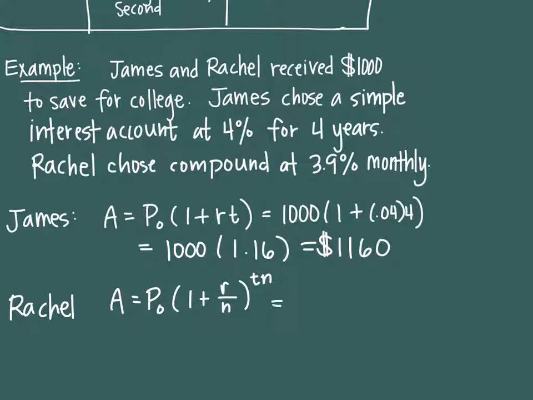And so we'll put 1,000 in for Rachel. 1 plus, her 0.04 is going to be divided, no, excuse me, her 0.039. That's right, she took a smaller percentage. Her 0.039 is going to be divided by 12 because she's agreeing to get paid every month. And then her exponent up top will be the 4 years times the 12 that she's agreed to.